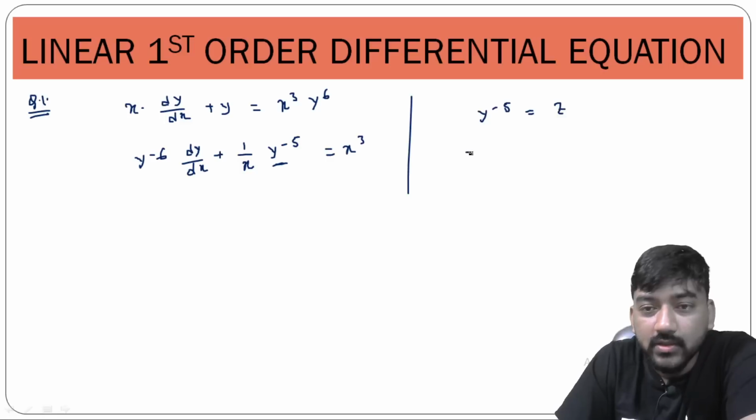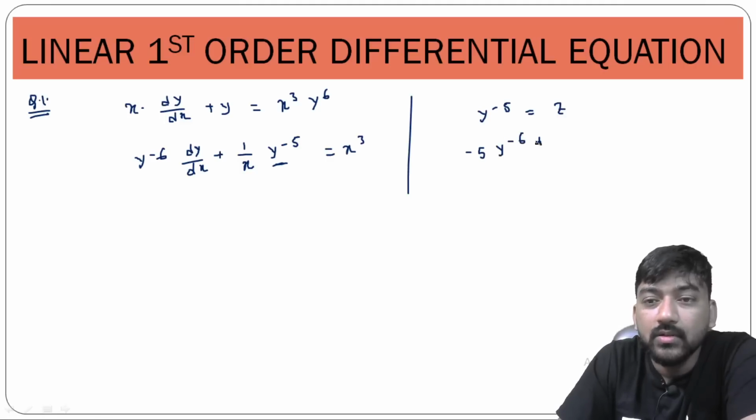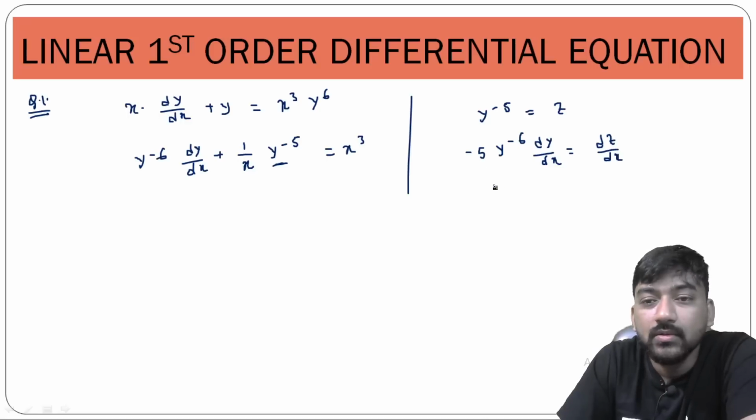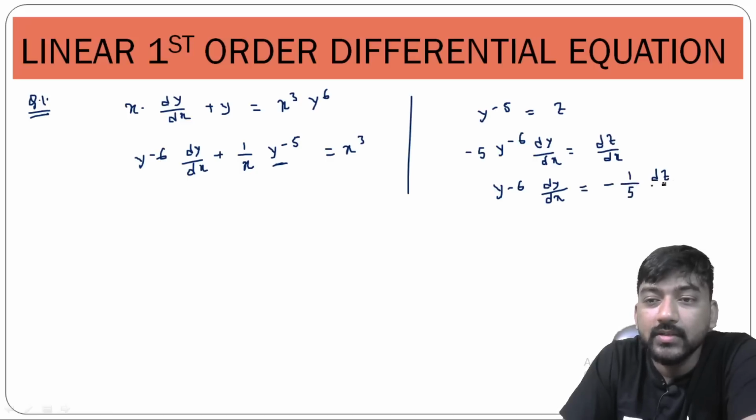Now if you differentiate, you will get minus 5 into y to the power minus 6 into dy by dx is equal to dz by dx. So we need y to the power minus 6 into dy by dx, and that is nothing but minus 1 by 5 dz by dx.